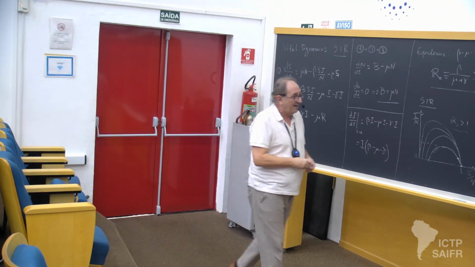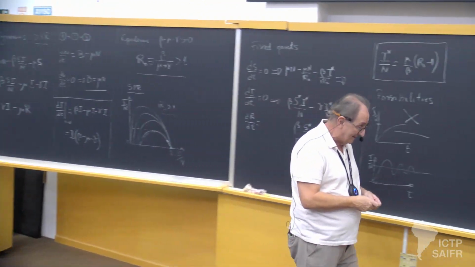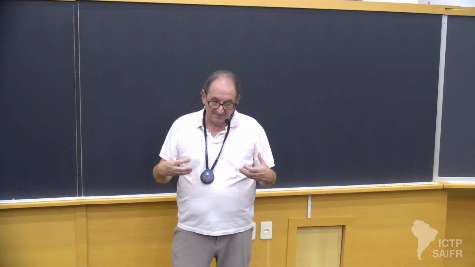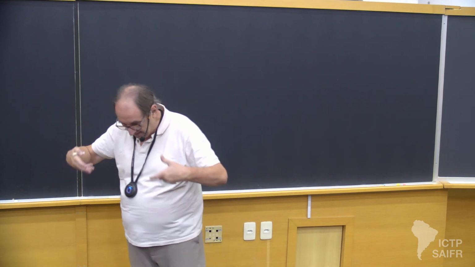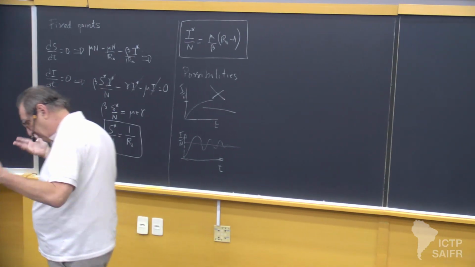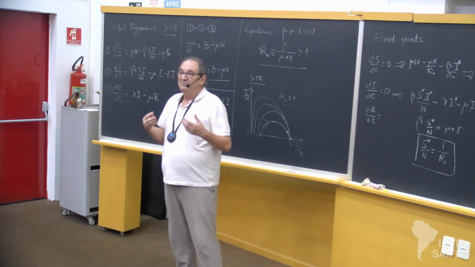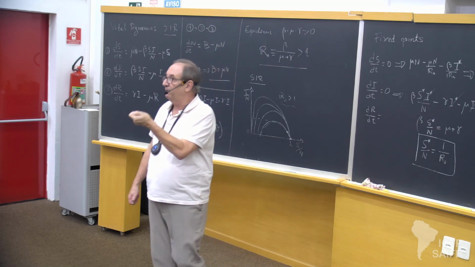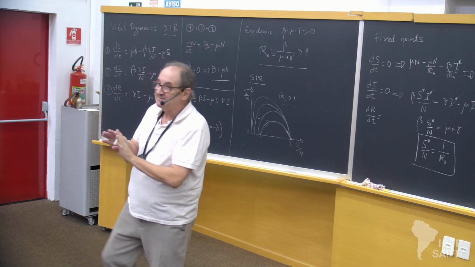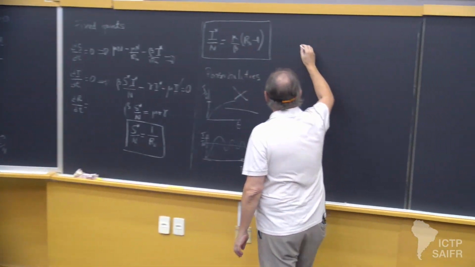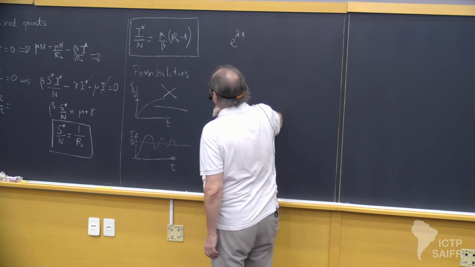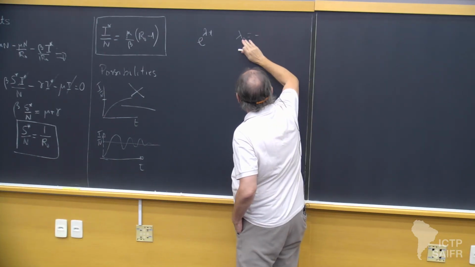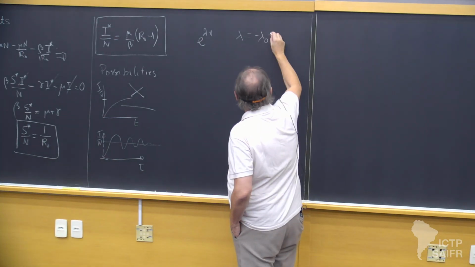If I do the fixed point analysis in a more mathematically correct way, I will come to the fact that the population near the fixed point will behave like e to the lambda t, and lambda would be a negative value plus an imaginary part.